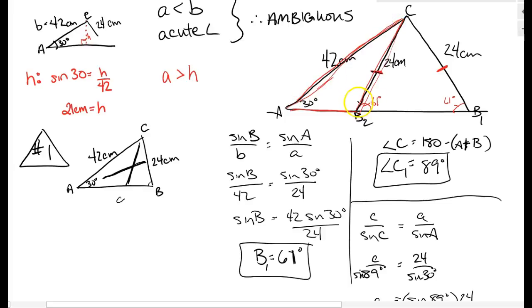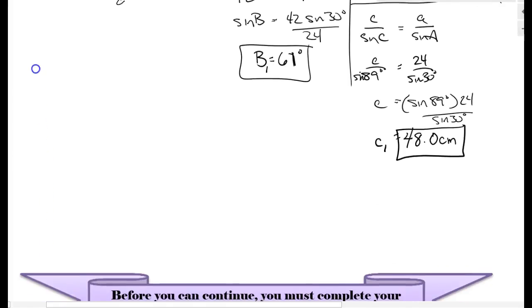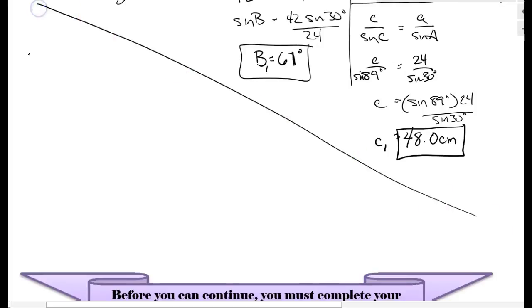Okay, but we can solve for the interior obtuse angle because this whole piece is a straight line, and straight lines add up to 180 degrees. So when we look at triangle 2, we can calculate angle B by taking 180 minus B1.